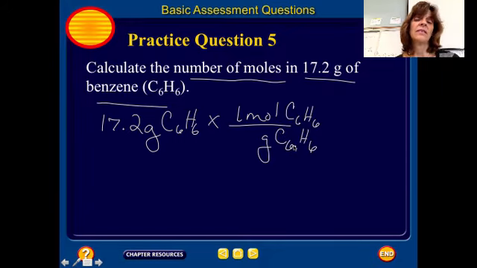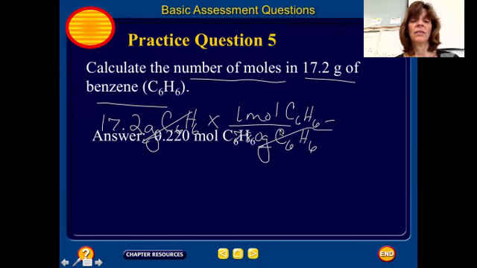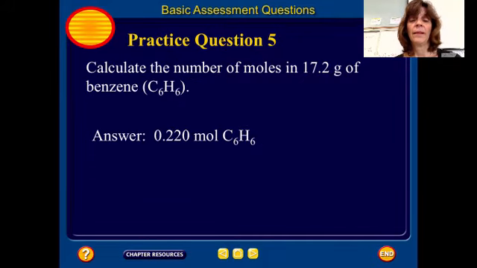So I've got 6 times 12, which is 72, plus 6 more, so approximately 78.0 grams of benzene in 1 mole equals 0.220 moles of benzene.